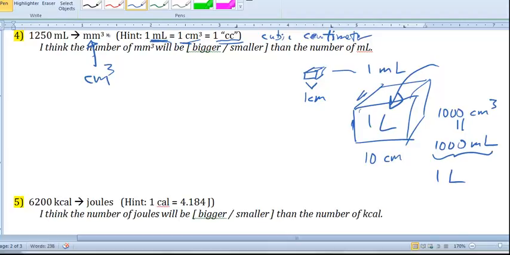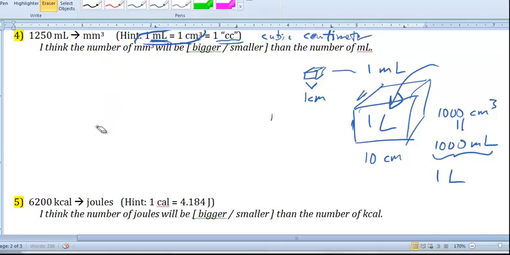You should have a sense that, yeah, we can do that. That's just a metric conversion. And because of this relationship here, milliliters to cubic centimeters, we know we can get from there to there. So I think you can see that we can see our way from milliliters to cubic centimeters.